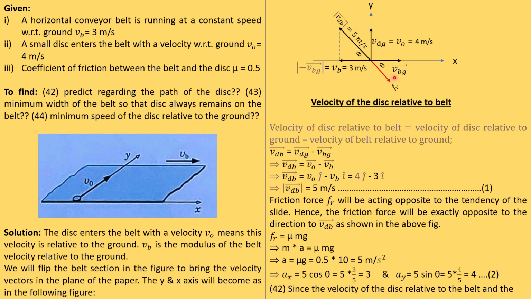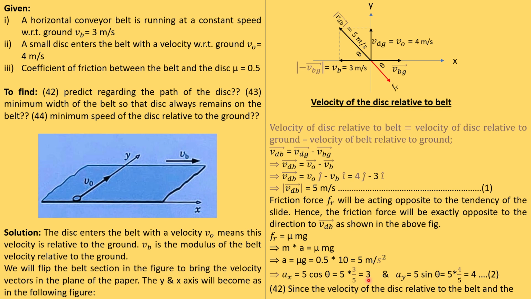Now the component of this acceleration in the x direction will be a cos theta, that is 5 cos theta. But cos theta from this diagram we can get very conveniently. This side is 3, and the hypotenuse is 5, so 3 by 5.